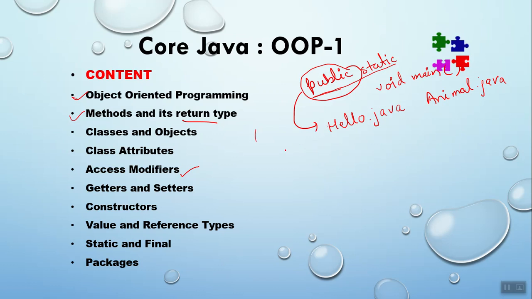And there are three things: the first is public, second is protected, and third is private.